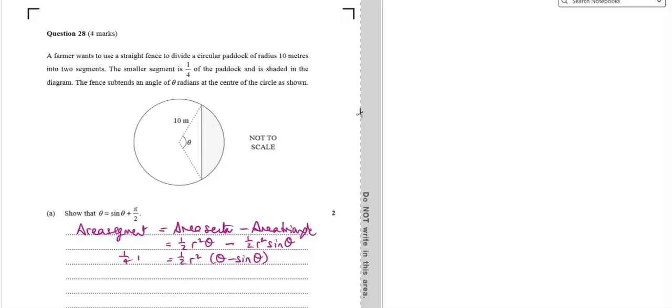So 1/4 of pi r squared equals that. So I could divide both sides by r squared. I could halve the left-hand side as shown to get rid of that, and I'll just be left with theta minus sine theta. Or in other words, making theta the subject of the equation, theta equals sine theta plus pi on 2 as required.